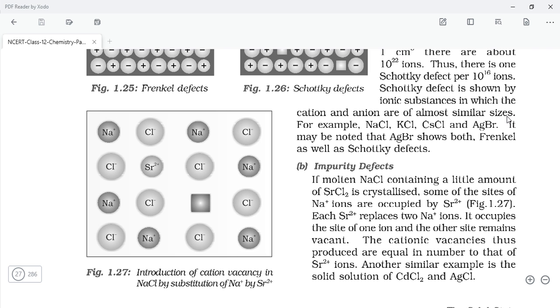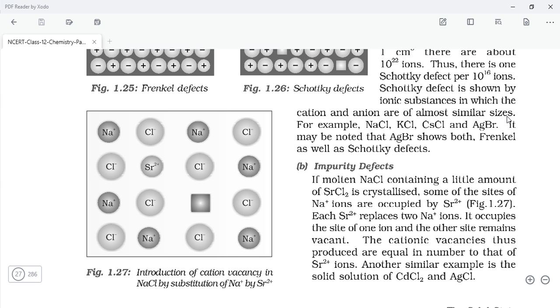B. Impurity defects. If molten NaCl containing a little amount of SrCl2 is crystallized. You take NaCl, the white powder, and then you heat it, that's how you get molten NaCl. And a little amount of SrCl2 is crystallized. Some of the sites of Na plus ions are occupied by Sr plus 2.